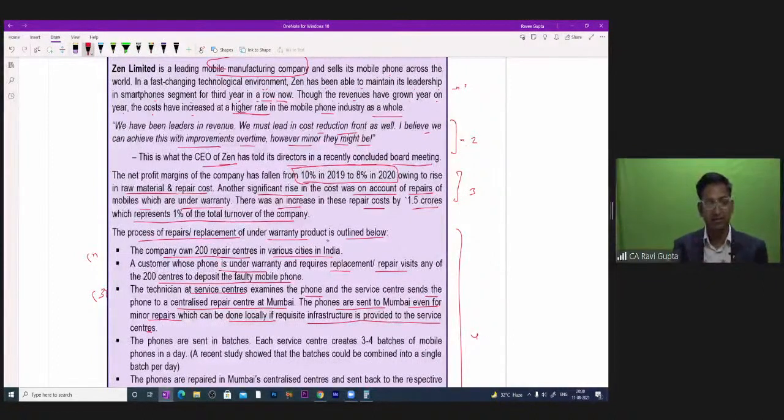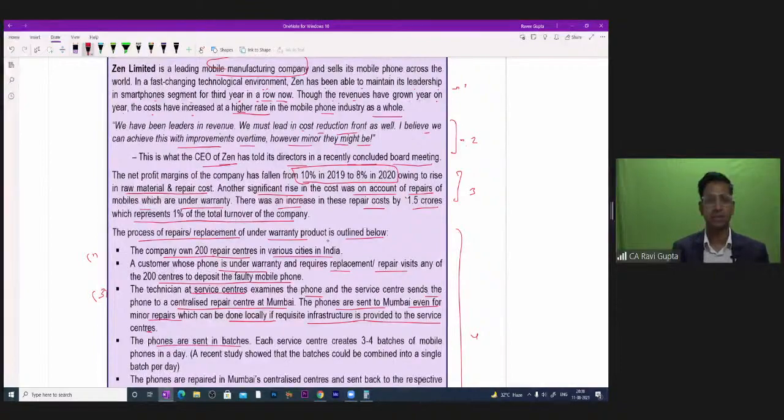This is a centralized place where minor repairs will also be conducted. This could have been done locally, but as per the company policy, they send it.